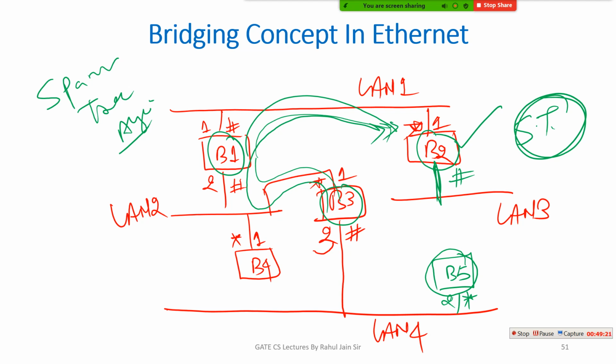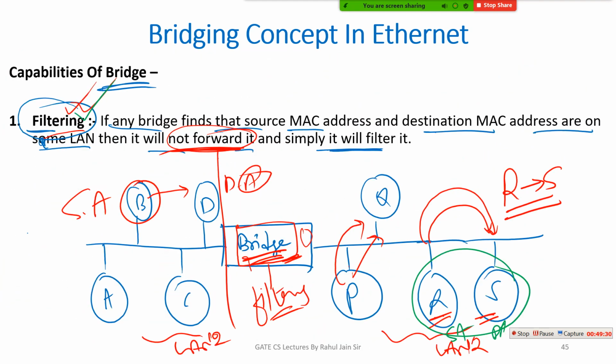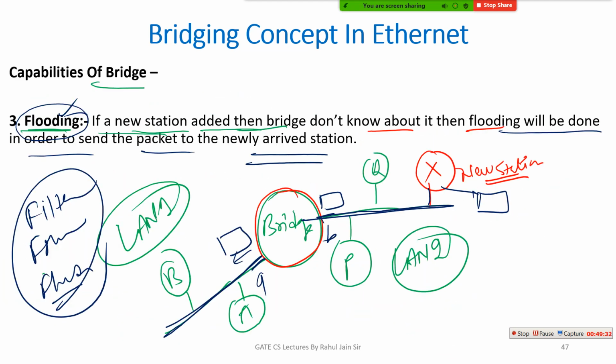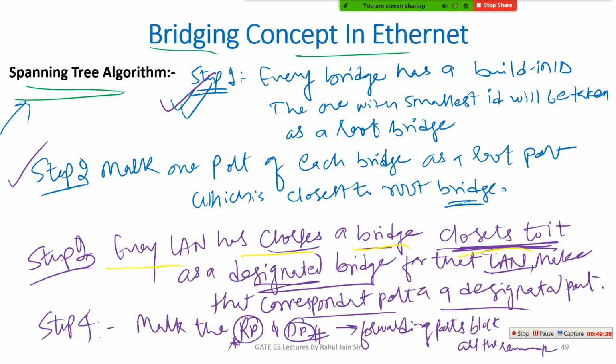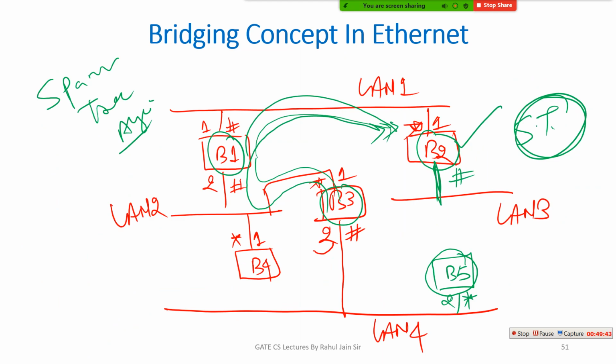But a bridge has a separate collision area, because we have discussed in the capabilities of a bridge that it has store and forward capability. The capabilities of a bridge are filtering, forwarding, flooding, and store and forward. So it will avoid the collision, but a switch can't avoid the collision. It is the basic difference between them. Okay Shivang?